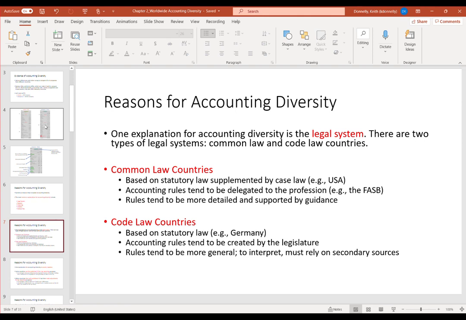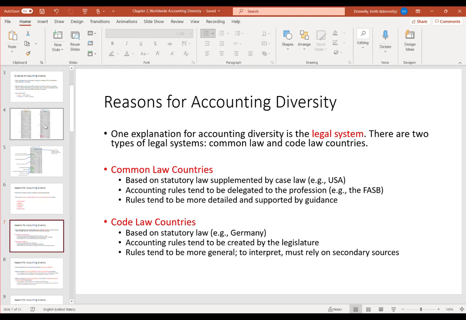When you're looking at different legal systems, you really have common law countries and code law countries, the US being common law and other countries, specifically many of those in Europe, being code law countries. In common law countries, you have statutes which are then interpreted by case law.